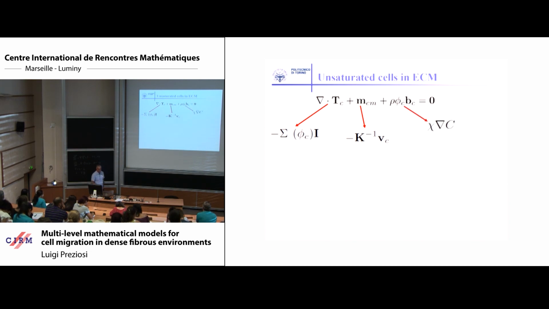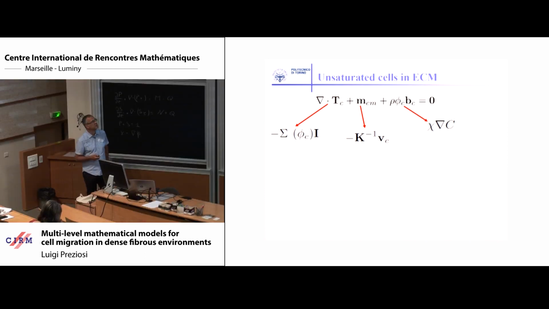As an example of body force, I might say that there is a force that is pulling the cell that is proportional to the gradient of some chemoattractant. This is usual in biological phenomena. You can have some effect of, for instance, a chemical field or other stuff that tends to pull the cell toward the maximum of this landscape of C.